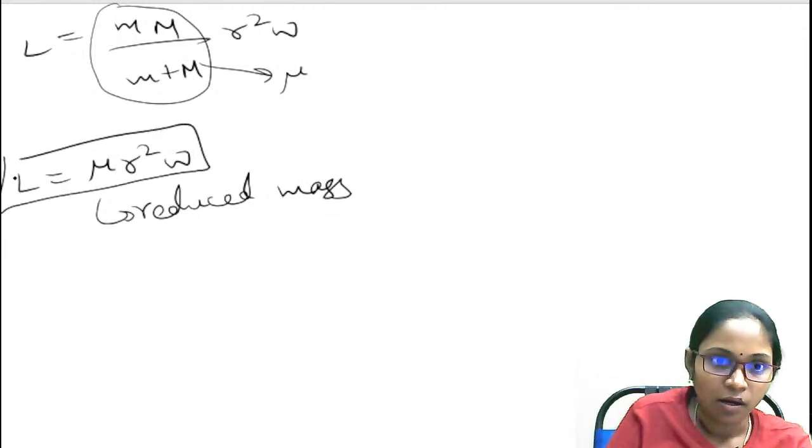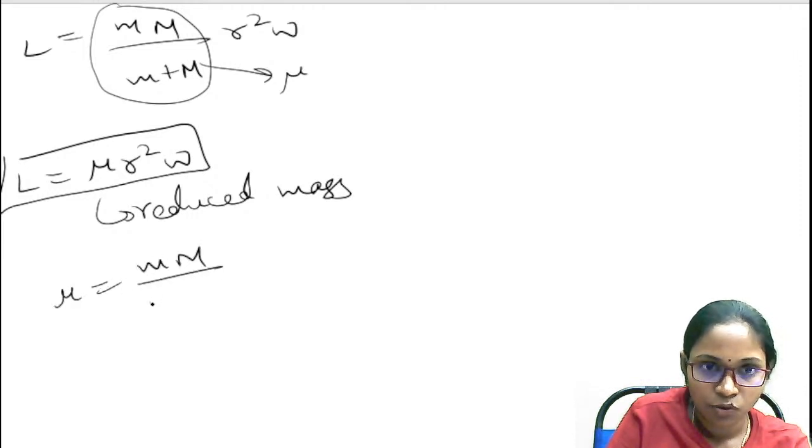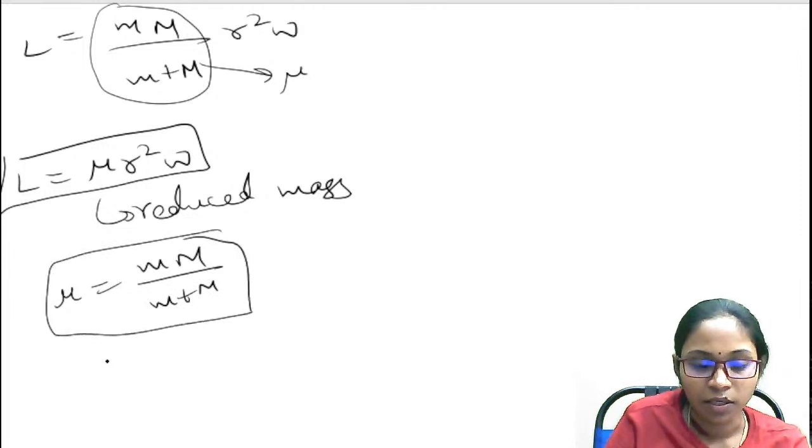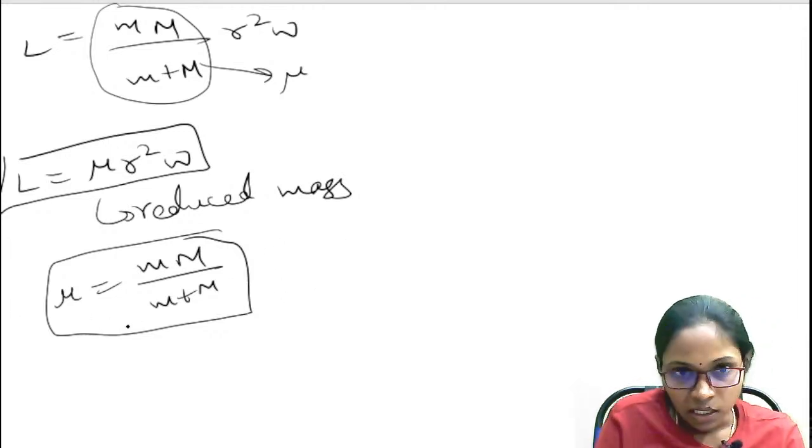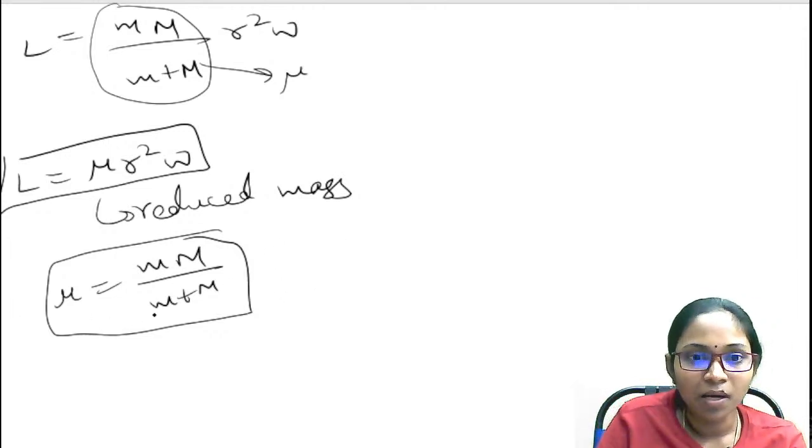This mu value is equal to small m capital M by (small m plus capital M). This is the reduced mass. Here the mass is reduced by m by (m plus M) times.